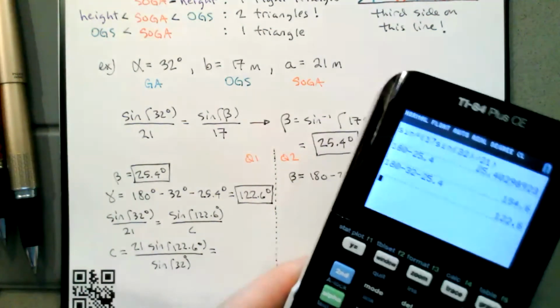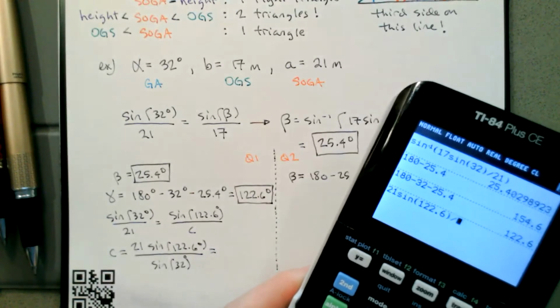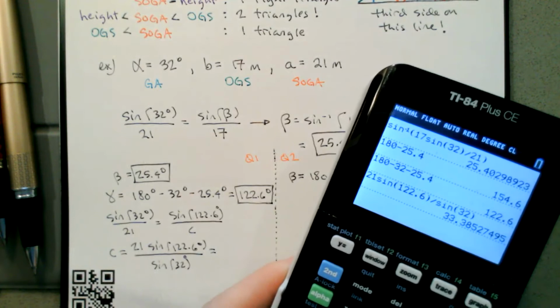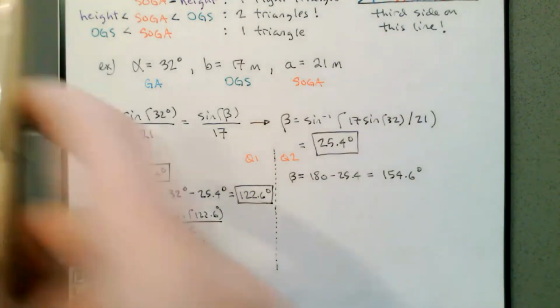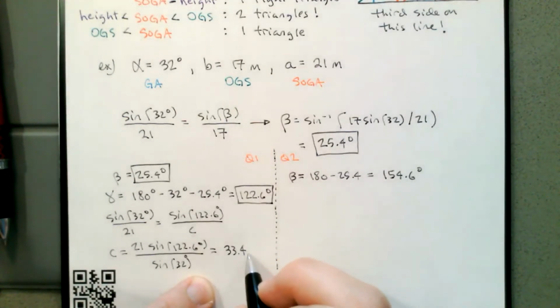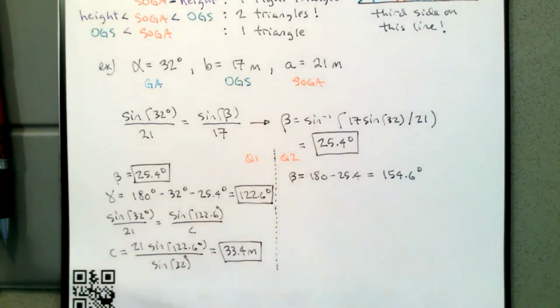Grab our calculating machine: 21 sine of 122.6, close parentheses, divided by the sine of 32. 33.4. We'll round to the nearest tenth. And those are the three parts that we needed. Beta is 25.4, gamma is 122.6, side C is 33.4. That, along with the three pieces of information, is one solved triangle.